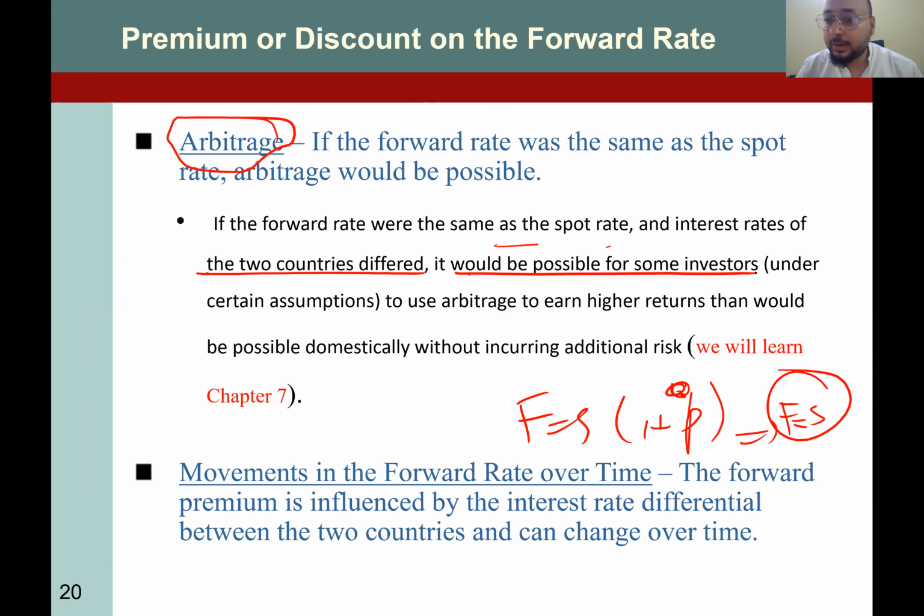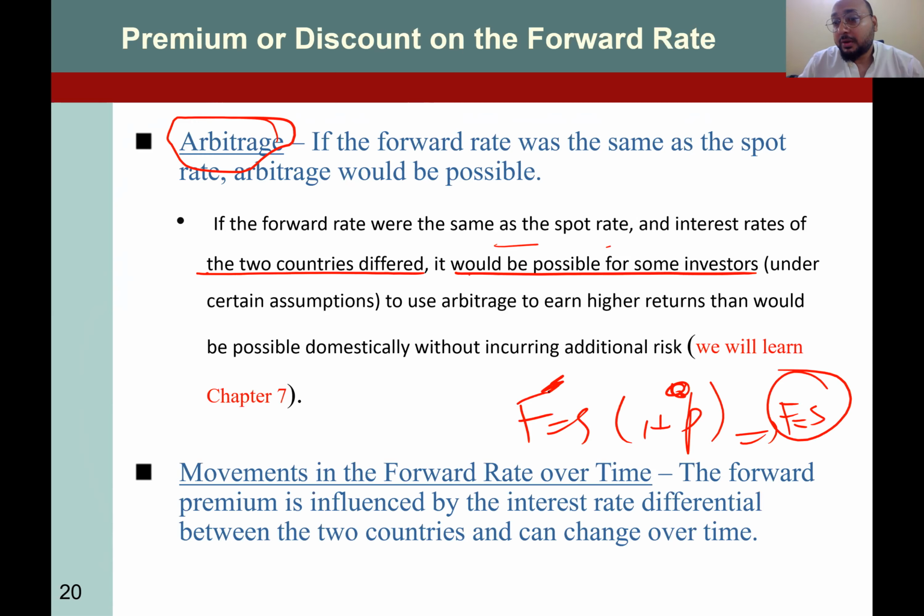Because they buy the forward and save their money in the higher interest paying country, and when they bring their money back to their home country at the same forward rate, they will receive a higher amount of money, right?